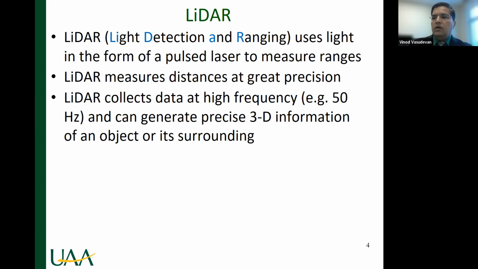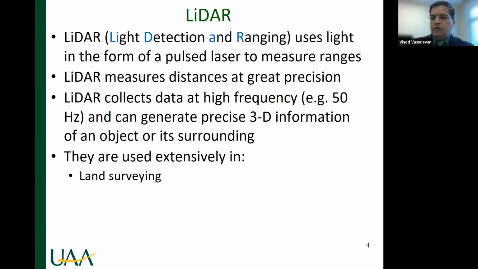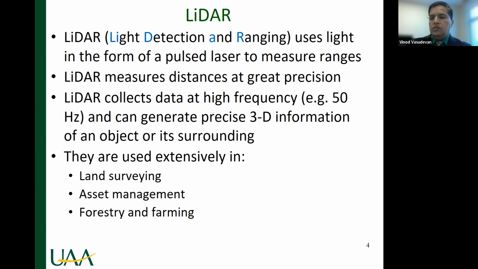Once you have high frequency data, it can generate 3D information of an object and its surroundings. Traditionally, LiDAR has been used extensively in land surveying, asset management, forestry and farming, mining, etc. There are so many documented applications, and if you're not familiar, just search online and you'll find many.